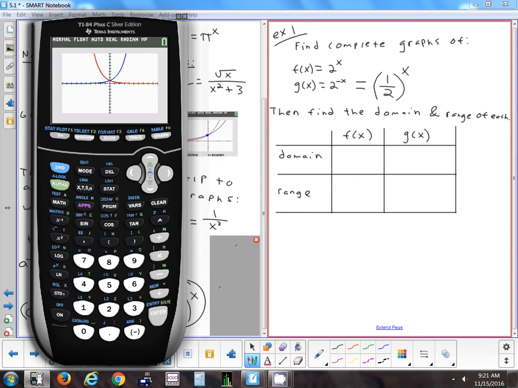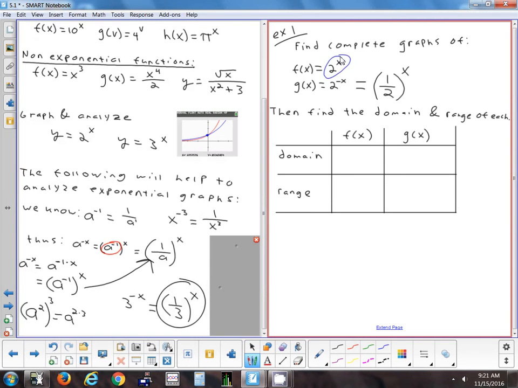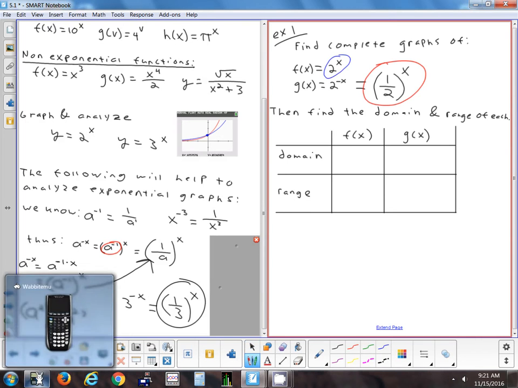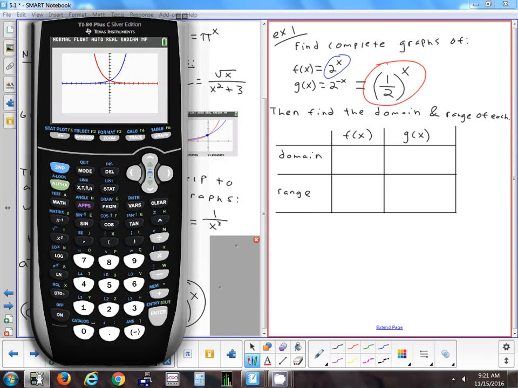Let's look at the blue one. Okay, that's the 2 to the x. What I'll do is I'll circle that one in blue. And that's the red one. So how far left and right does the blue function go? Infinitely. Yeah, we already said the domain is always negative infinity to infinity.